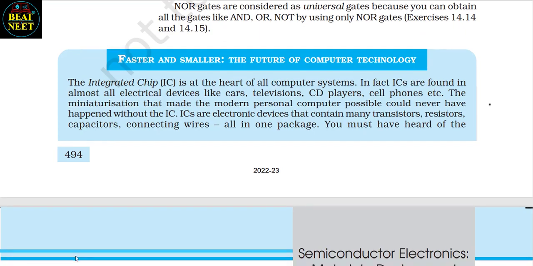The integrated chip IC is at the heart of all computer systems. In fact, ICs are found in almost all electrical devices like cars, televisions, CD players, cell phones, etc. The miniaturization that made the modern personal computer possible could never have happened without the IC. ICs are electronic devices that contain many transistors, resistors, capacitors, connecting wires, all in one package.